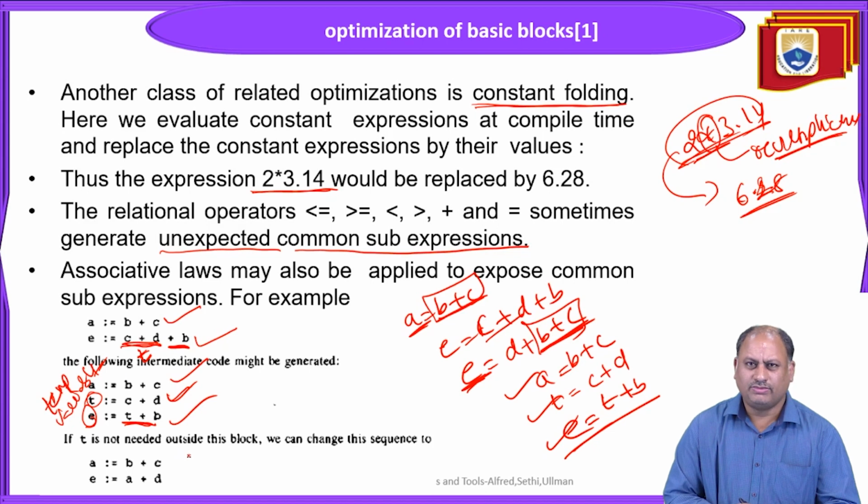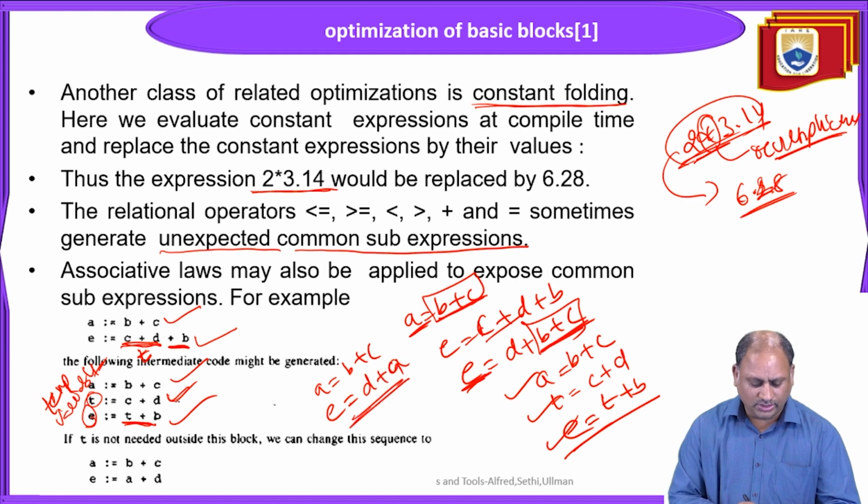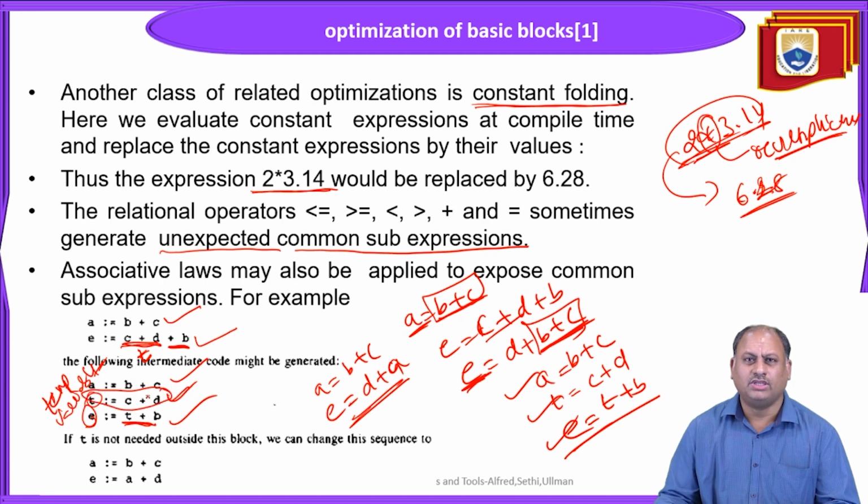So here, sometimes T may or may not be available; that is a requirement based on the application point of view. If it is not needed outside the block, then we can change this expression into a suitable expression, that is E equal to A plus D. So sometimes it is A equal to B plus C and E equal to D plus A, that is A plus D. So whether the temporary is required or not depends on the usage of this particular block of statements.